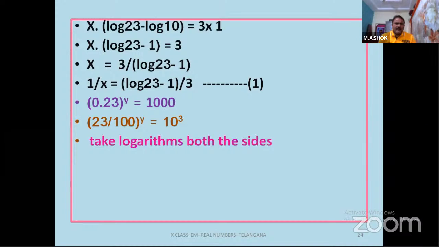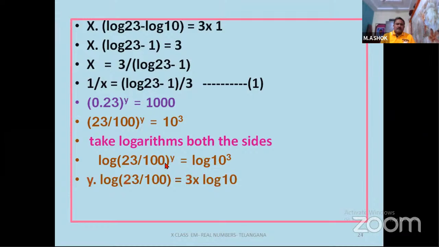So take logarithms on both the sides. Now log 23 by 100 to the power of y is equals to log 10 cube. Okay. So basing on the power rule, the power y comes here.